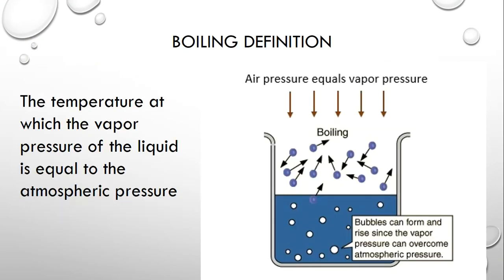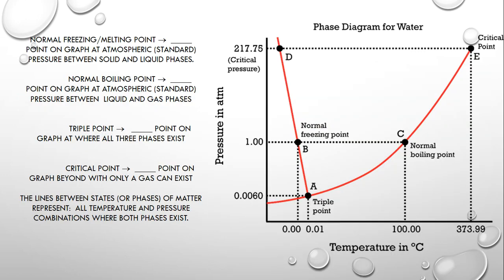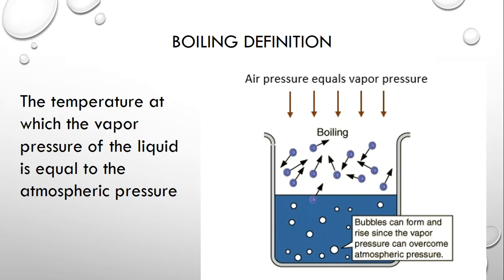So we talked about the reason I could boil water at room temperature by lowering the pressure. Boiling is actually defined as the temperature at which the vapor pressure, or the pressure of the particles that make up the liquid that are coming into the gas phase, is equal to the atmospheric pressure, the pressure that's pushing down on them.